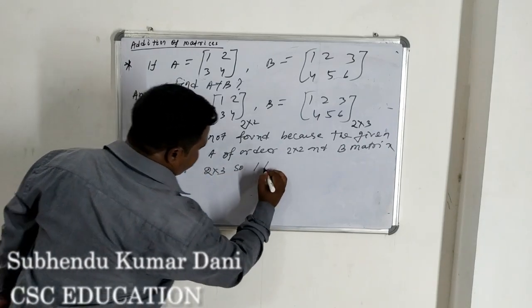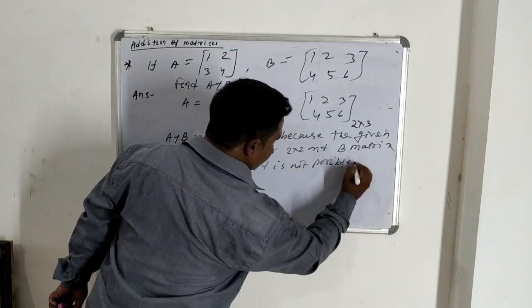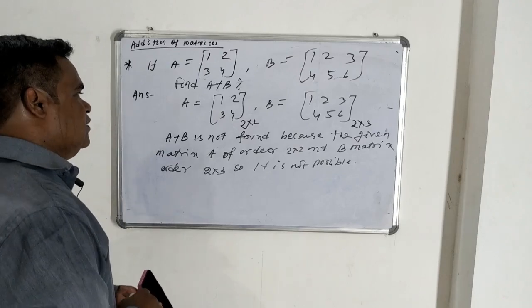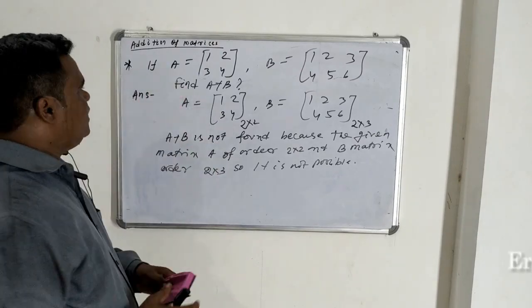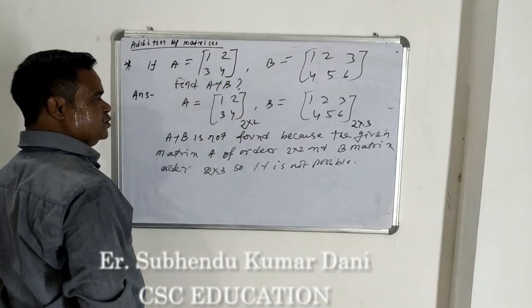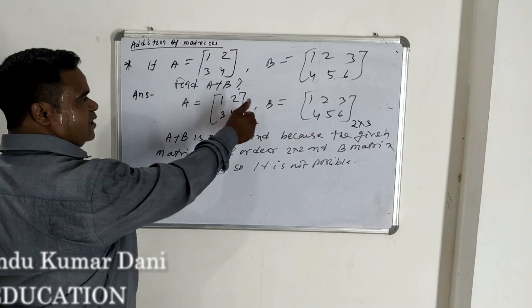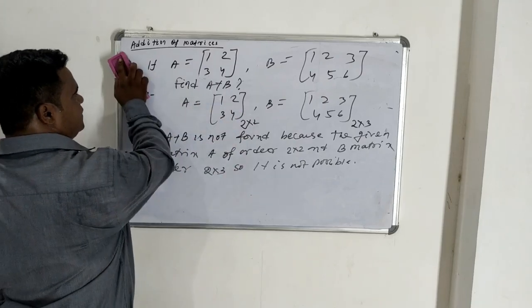So it is not possible. In this way we add two matrices. Here the addition is not possible because the orders are not the same.